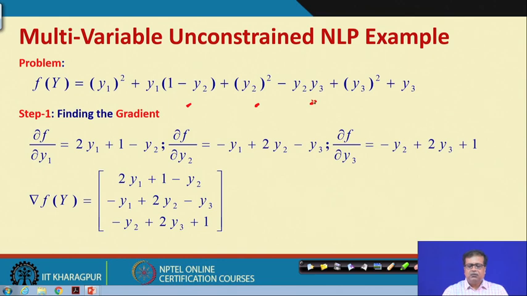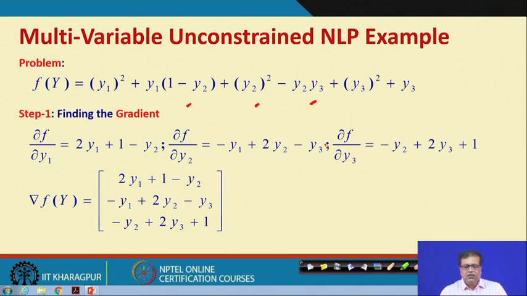The second term will give us -y1, the next term 2 y2, and here -y3. That is a very simple partial differentiation.